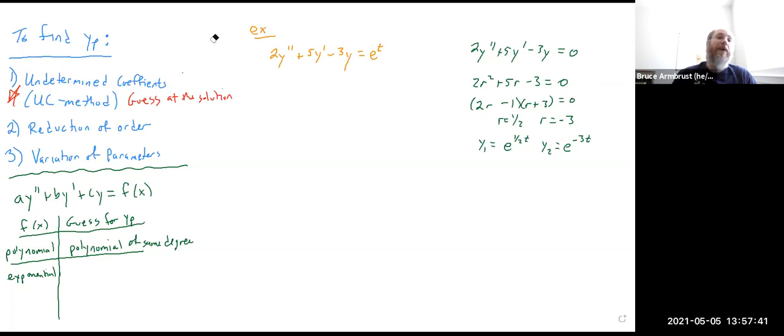So for our guess now, let's go with yp equals a e to the t. So then the derivative is a e to the t. The second derivative is a e to the t.